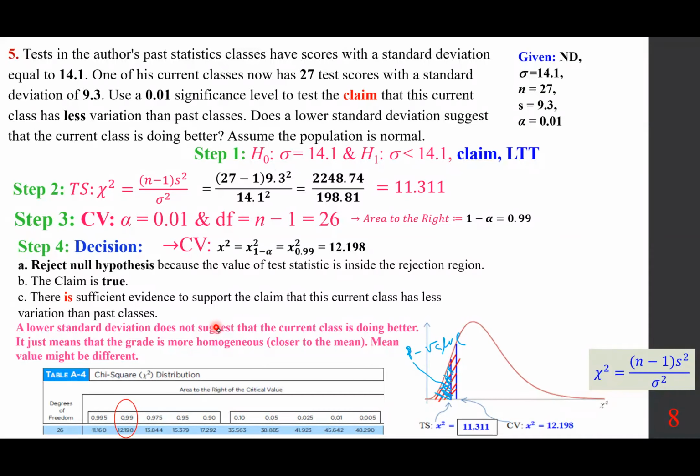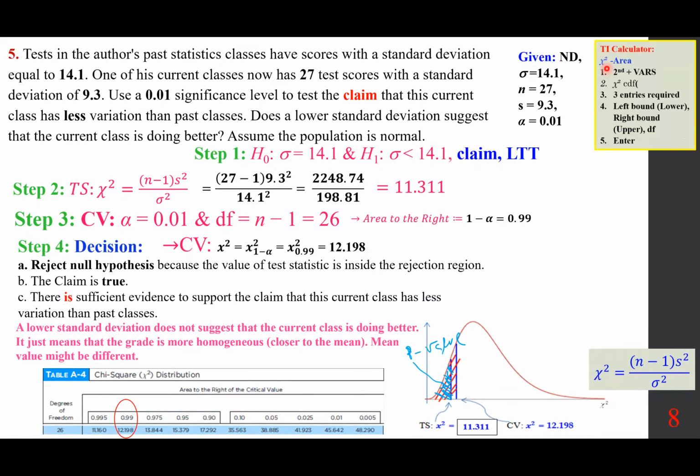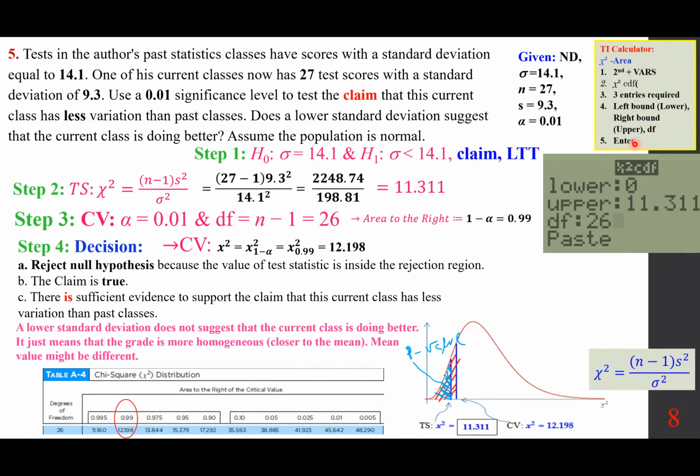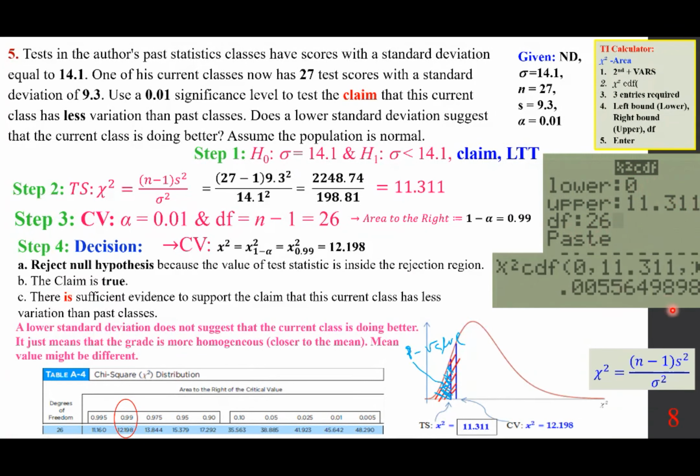Now, let's look at it from the point of view of the p-value. You can use technology. If you go with 2nd, Vars, and chi-squared CDF, the upper is 11.311, the lower is 0, and degrees of freedom is n minus 1, 26. This value is the area to the left of 11.311.